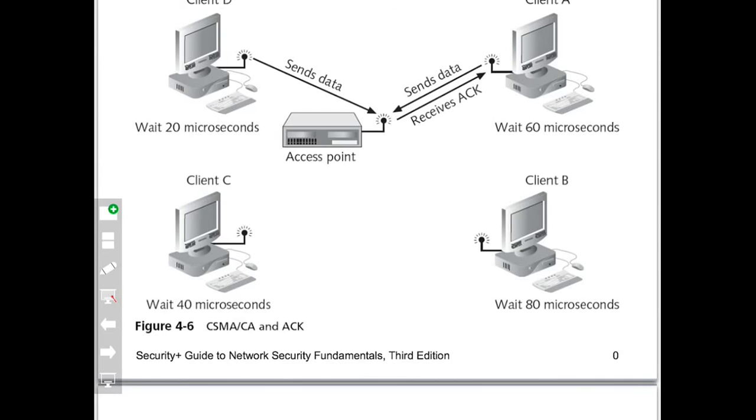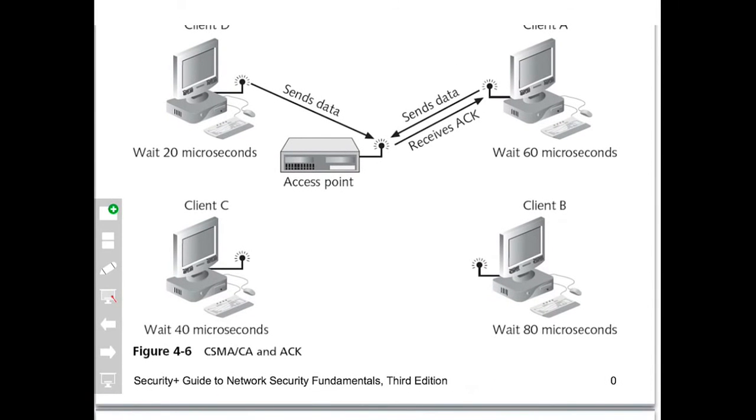You have an access point, and say here you have 4 clients, client A, B, C, and D, and you'll notice here each one of these clients are sending and receiving. In fact, the top 2 clients are sending and receiving data back and forth between each other.